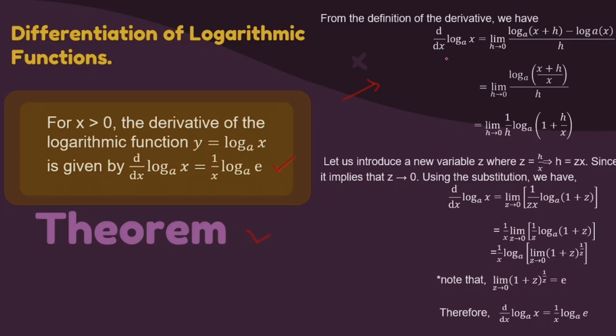From the definition of the derivative, we have d over dx log a x equals the limit as h approaches 0 of log a (x plus h) minus log a x, over h. So we solve this equation to get this answer. How do I get this?